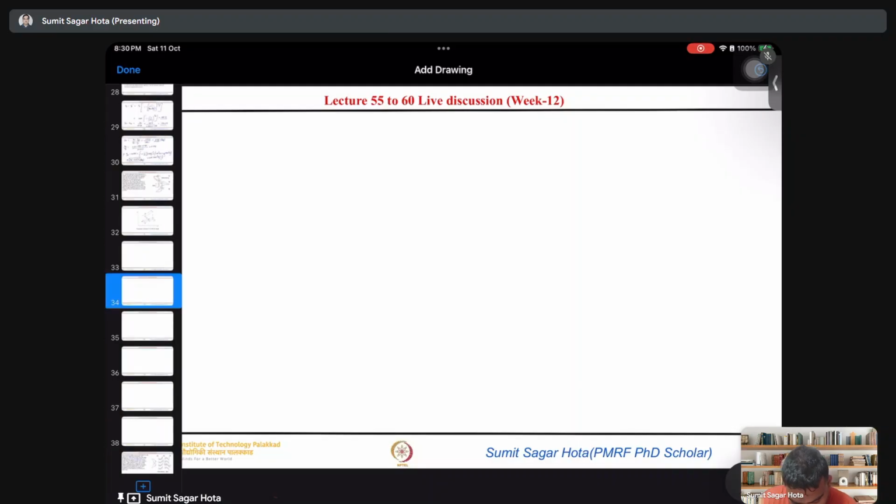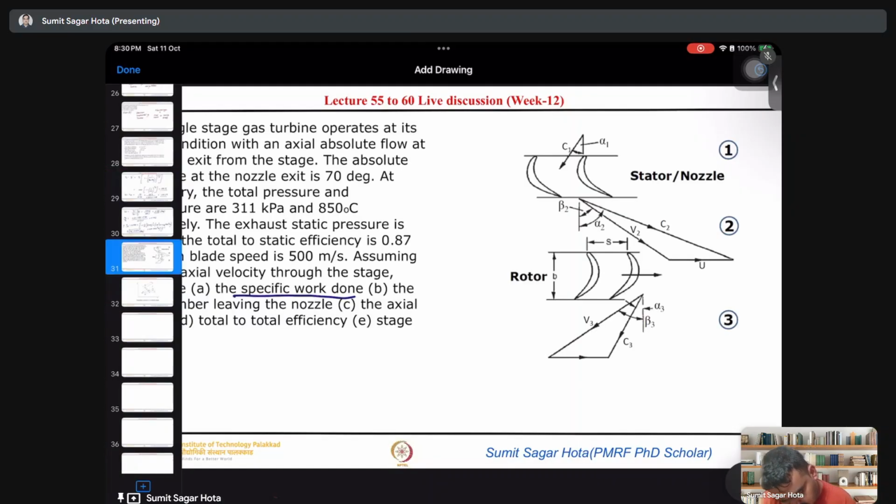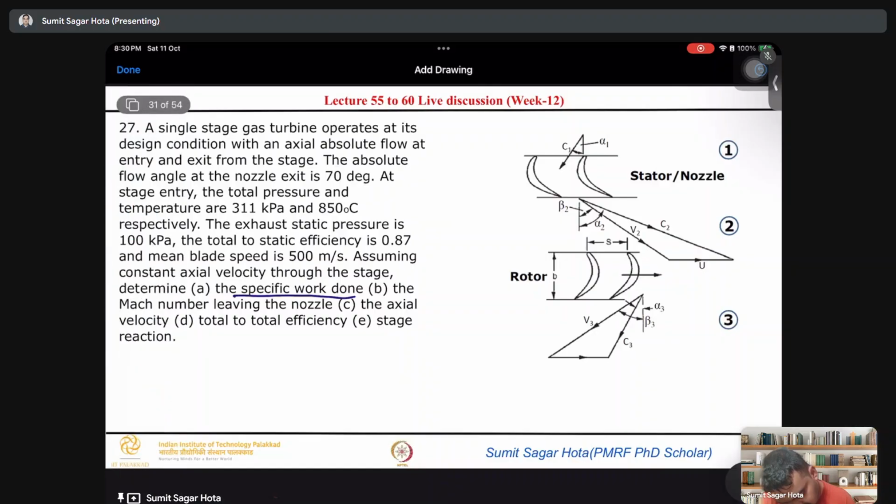So what is the second question? The second question is we need to find the Mach number leaving the nozzle. Okay. We need to find out the Mach number, and that means M2 you need to find out.